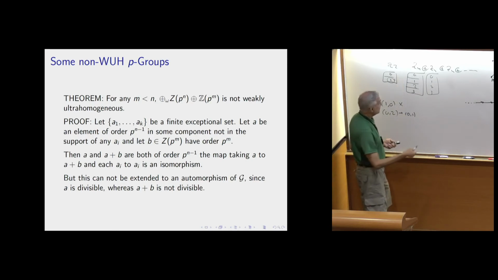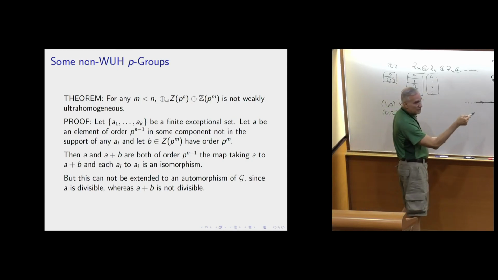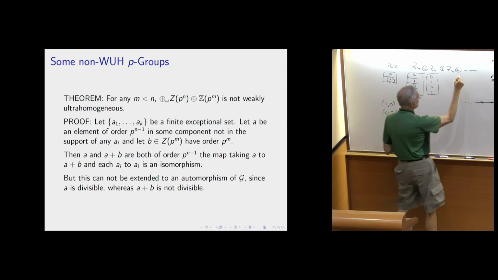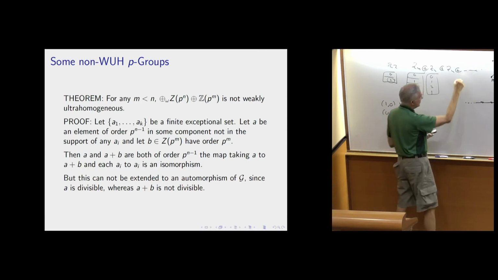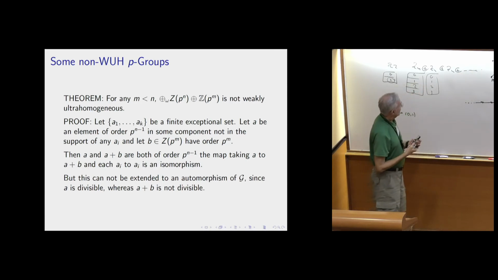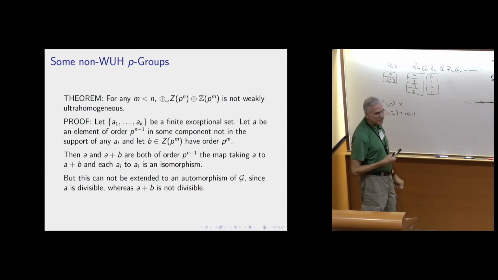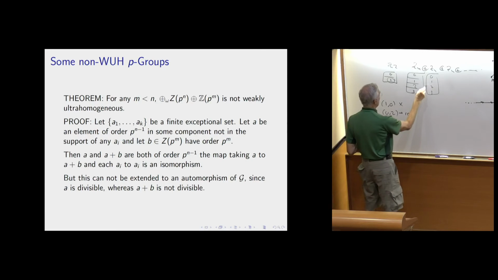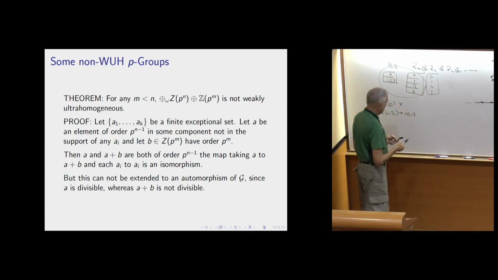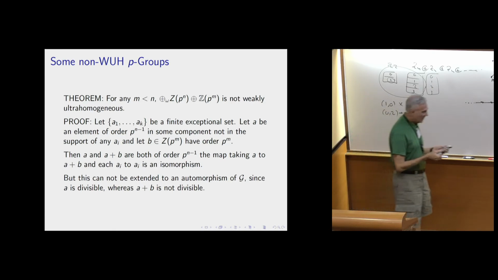If this were weakly homogeneous, then a finite number of elements from this whole part could be given in the exceptional set. So you would have at least one copy where this was not part of the exceptional set.